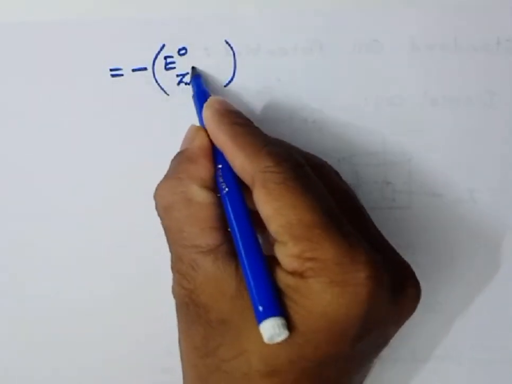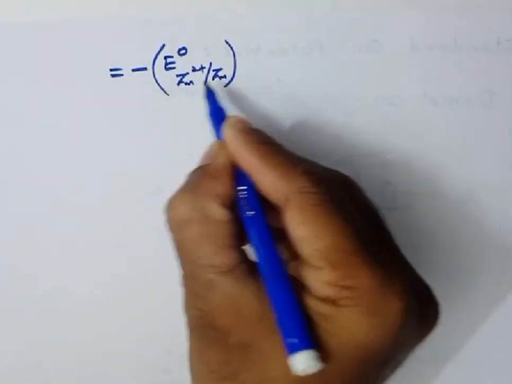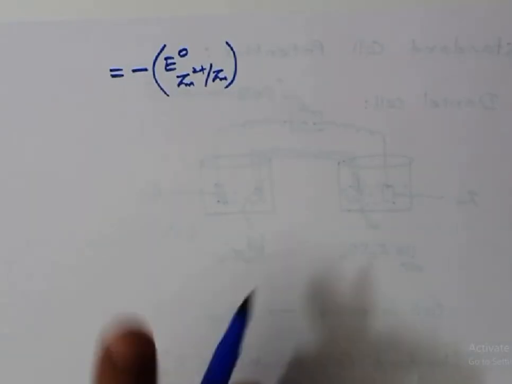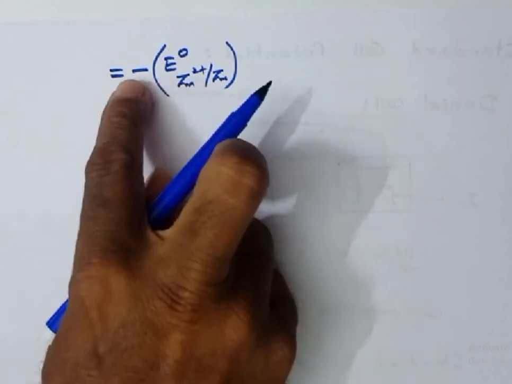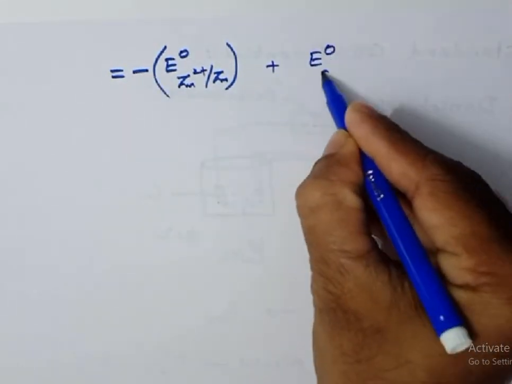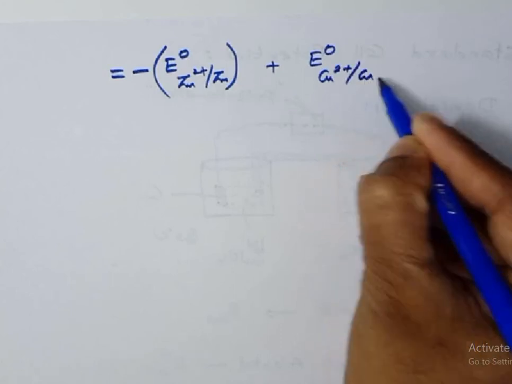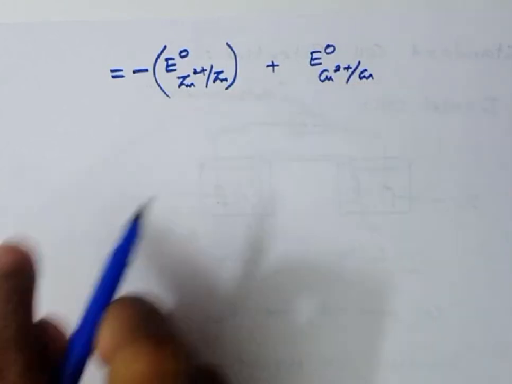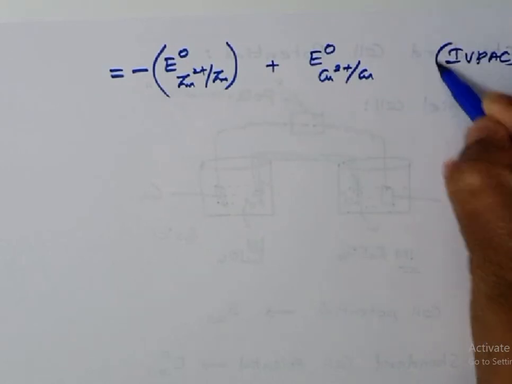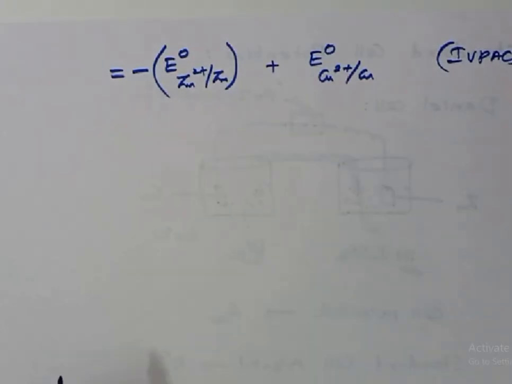Reduction means zinc 2 plus becoming zinc, this is called reduction. If I take the reduction potential, then I should put a negative sign in front, plus the reduction potential of the copper electrode. Now both the potentials are reduction potentials. This is as per IUPAC convention or IUPAC recommendation, right?